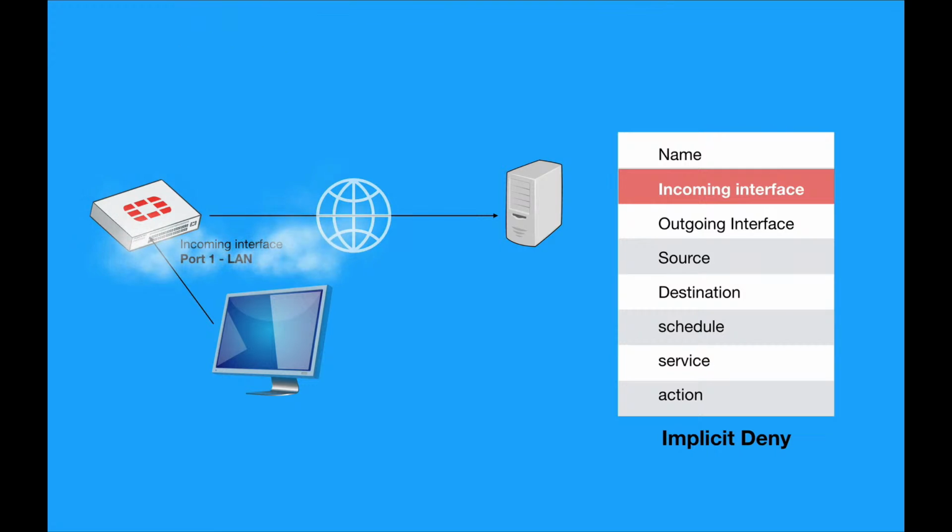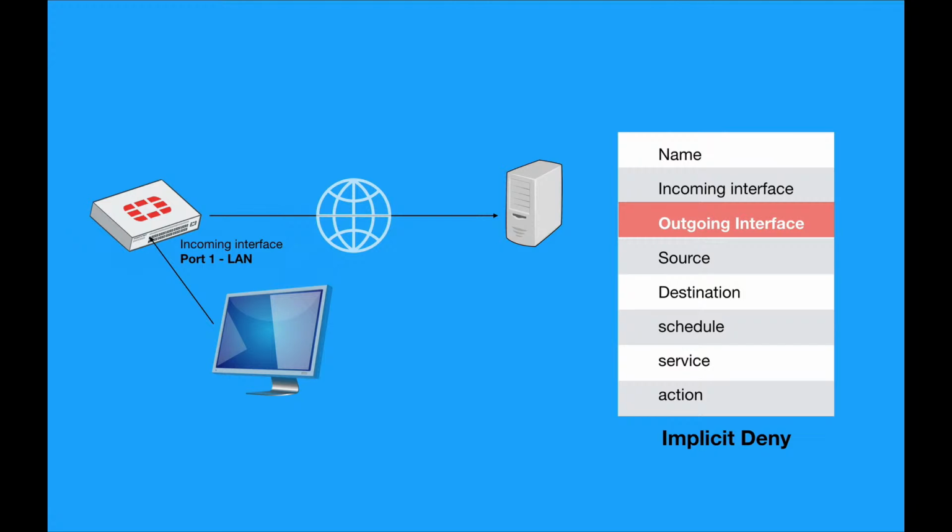The second thing is the incoming interface. What is the incoming interface? Well, that's the interface that your local area network is connected to, your DMZ is connected to, whatever interface the traffic is coming from. The second criteria is the outgoing interface.